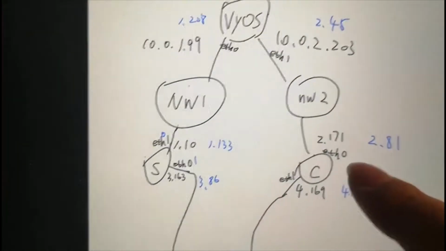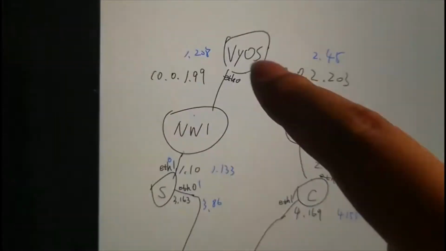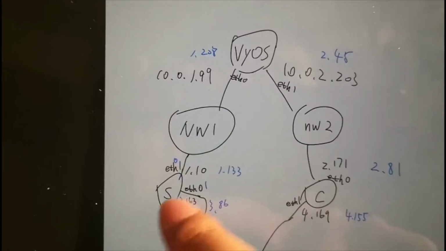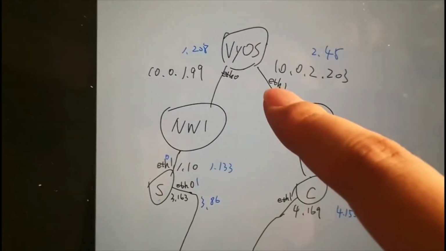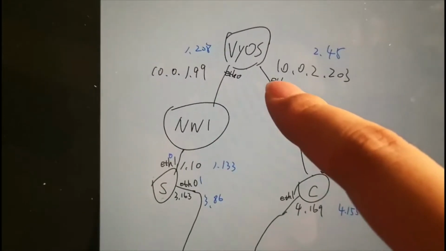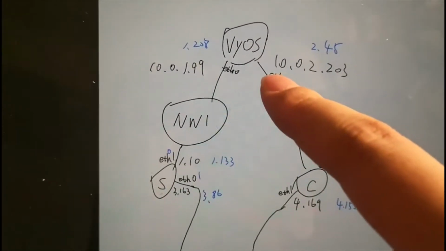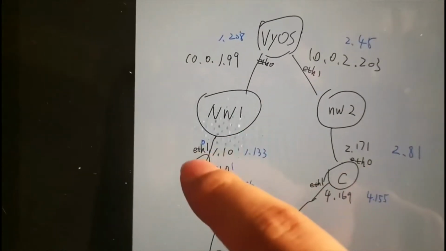I'm gonna ping from my client along this way to the server, and we can see the packet is captured by tcpdump on this port, and as well on this port.